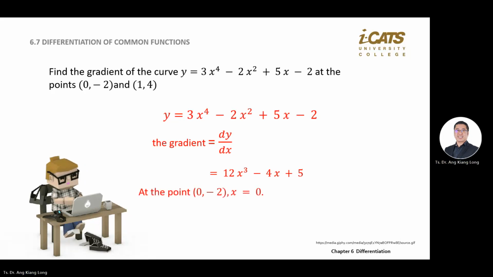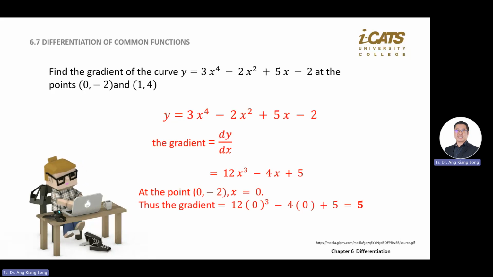Okay, so how do you present your answer? You can write at point (0, minus 2), x1 equals 0. Then the gradient at this point equals, substitute the x with 0, like this presentation.